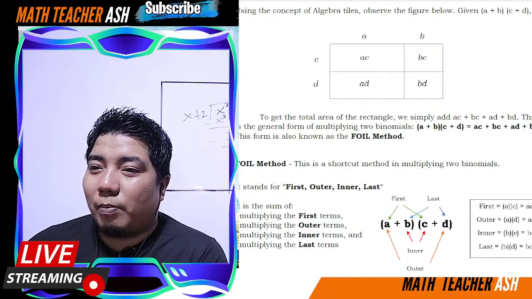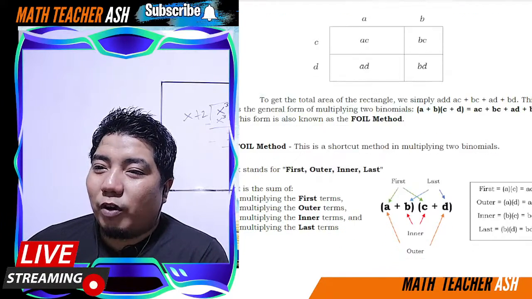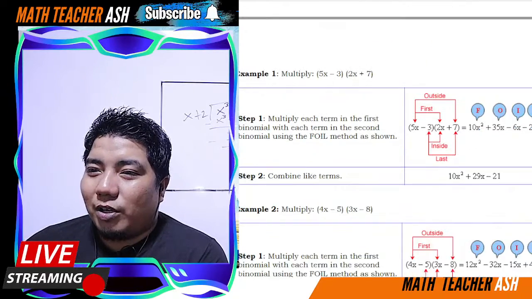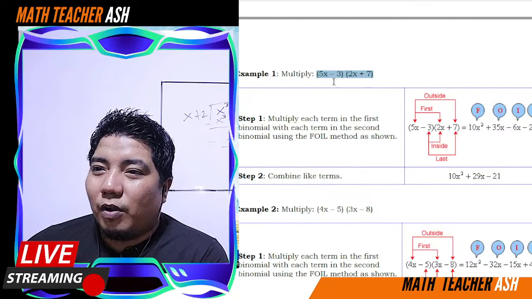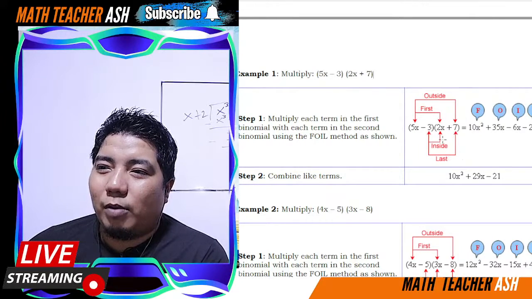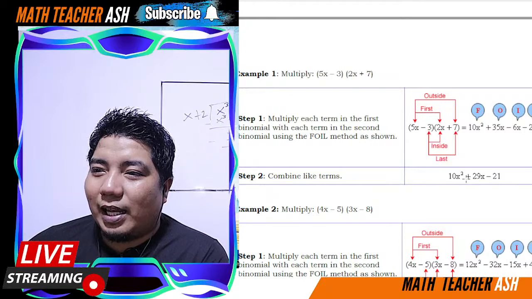Okay, ito na yung FOIL method, yung sinabi ko kanina. So, you have the product of two binomials: 5x minus 3, then 2x plus 7. You can apply the FOIL method. So, 5x times 2x, the answer for that is 10x squared.